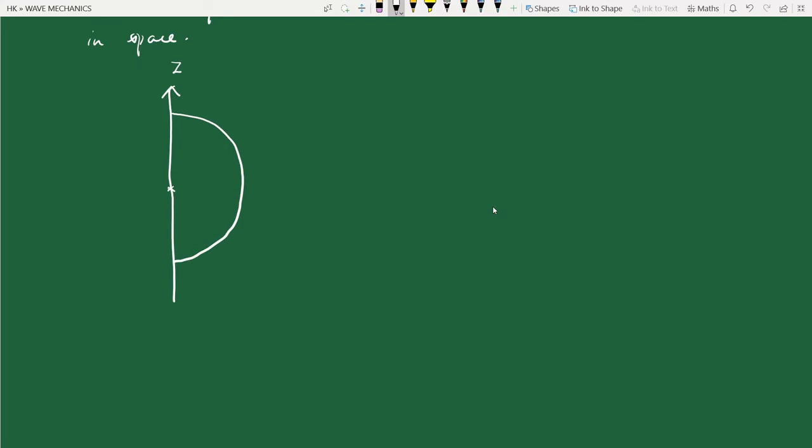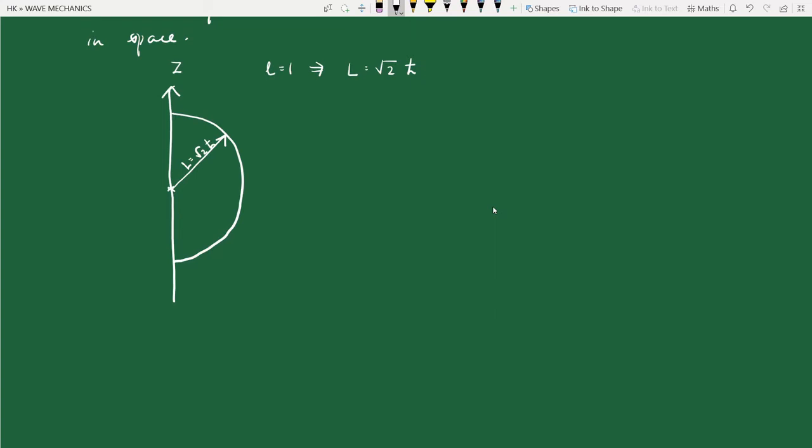Now if I draw any vector, for example like this, the length of this vector represents the magnitude of orbital angular momentum. So remember, small l is equal to 1, which implies capital L is equal to root 2 h cross.